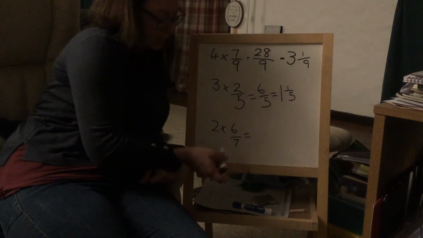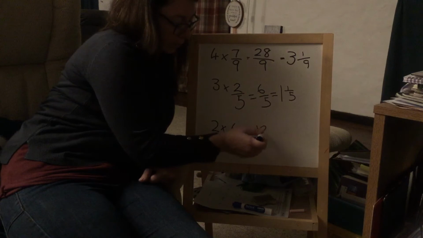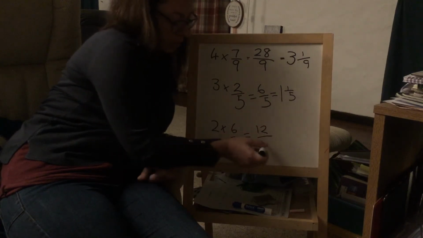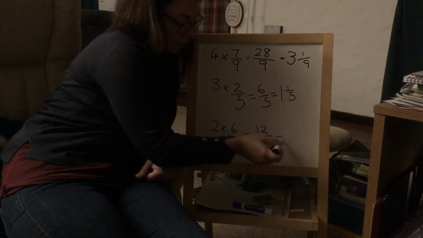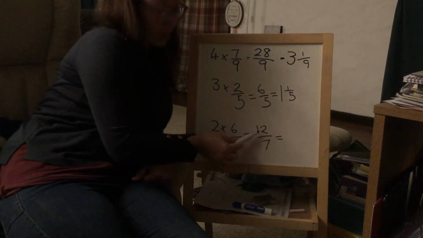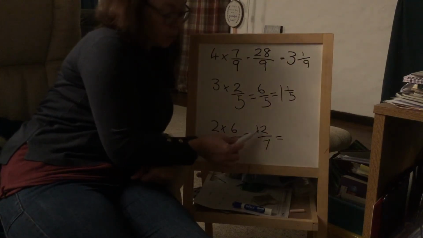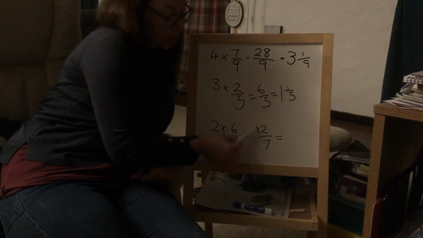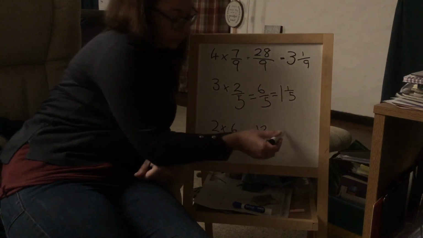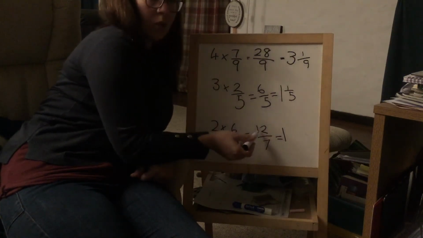2 times 6 is 12, and we keep our denominator the same. We can see that we have more than 7 here because we have 12. So we have 1 whole. 7 would go into 12 once.